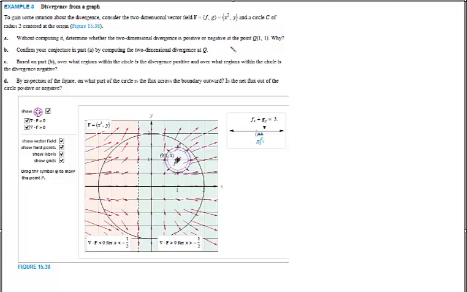For B, I'm just supposed to compute it, so let's go ahead and compute the divergence of this vector field F. I'm going to take the partial of x squared with respect to x, that's going to be 2x. The partial of y with respect to y, that's going to be a 1.